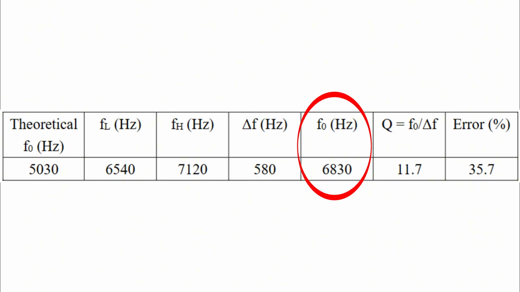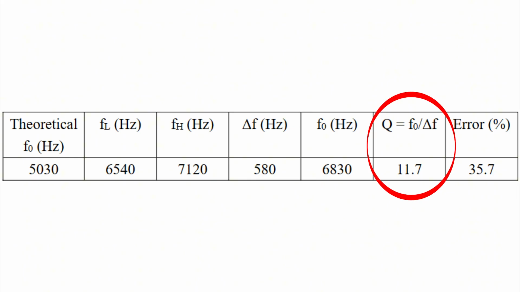The center frequency of the bandpass filter is given by the average of the two cutoff frequencies. Experimentally, the center frequency F0 was determined to be approximately 6,830 Hz. The quality factor, or Q factor, describes how sharply the circuit selects a narrow frequency range. It is defined as the ratio of the center frequency to the bandwidth.